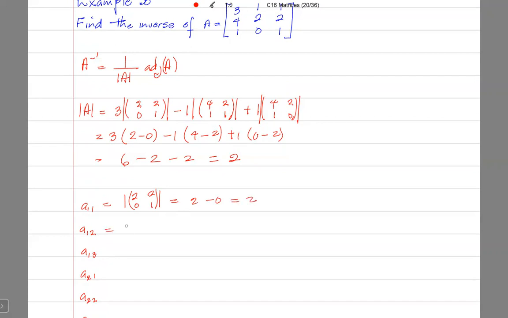The coefficient of 4, 1, 2, 1 is 4 minus 2, which is also 2. The coefficient of 4, 1, 2, 0 is 0 minus 2, which is minus 2.